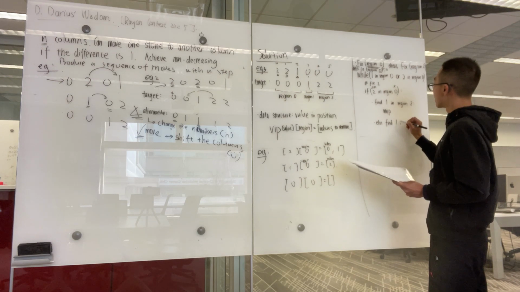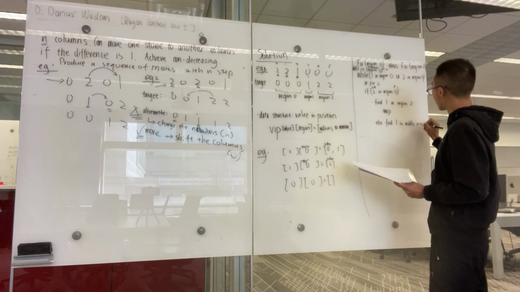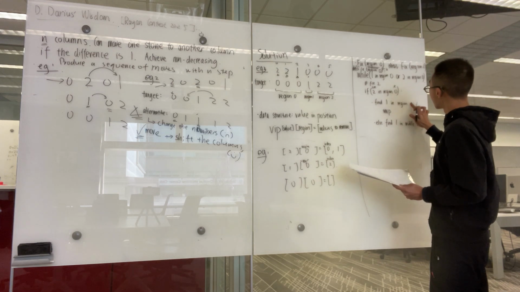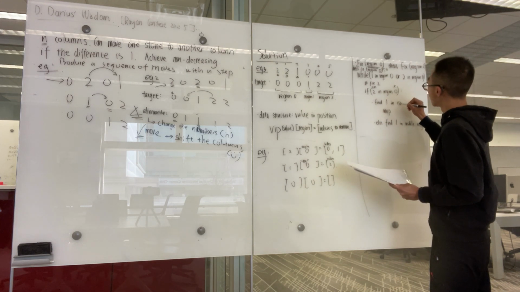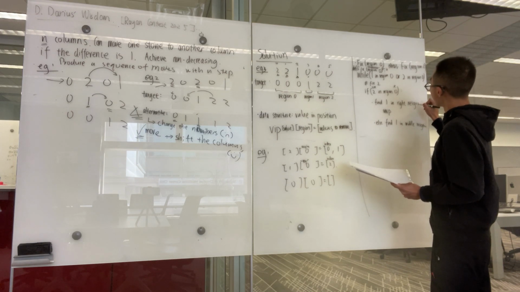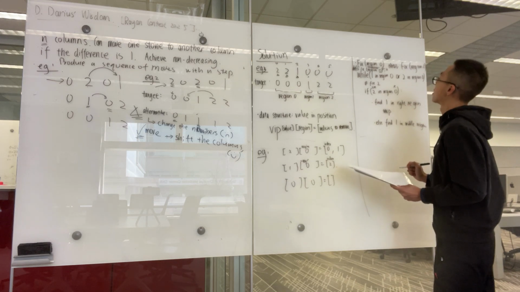Find 1 in middle region. Let's call it the right region, to make it more general.